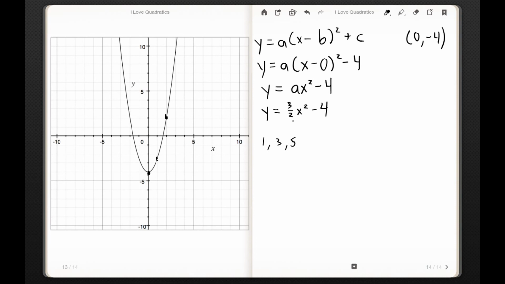This is the standard pattern when a equals 1, so this is all being multiplied by 3/2. So we get 3/2, then 9/2, 15/2, and on and on.